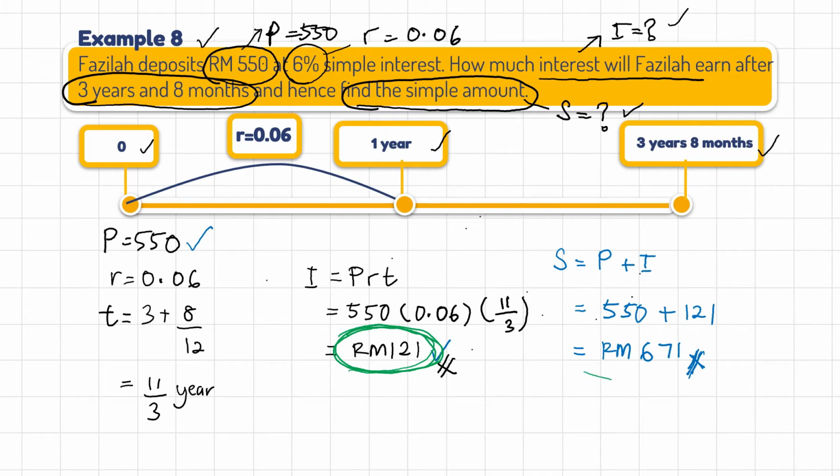Whereas the simple amount is the amount from the principal, which is 550 ringgit that she put in the bank, added with the interest that she gets throughout the period, which is until 3 years, 8 months. This will be simple amount, or the total amount that she will get.